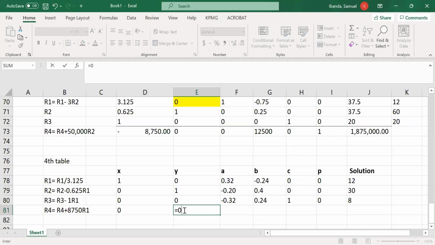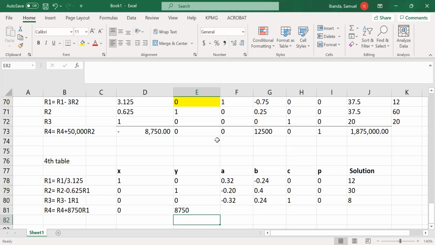This is 0 because I have 0 in the old row, plus 8750 times row 1, which is 1, which gives me 8750. Do I get 8750?